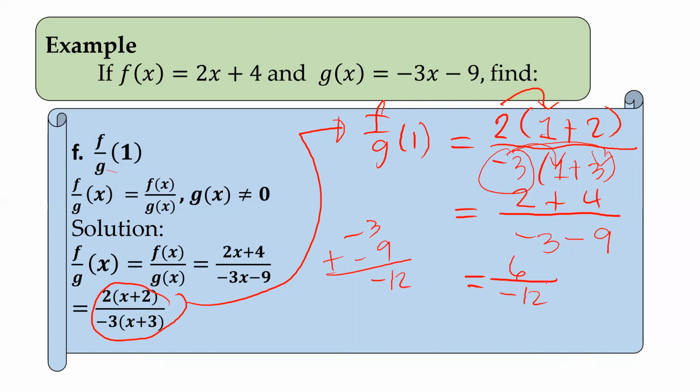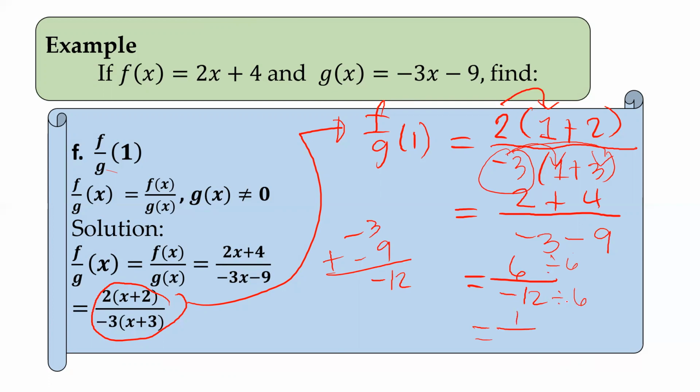Now we will assess if 6 over negative 12 has common pa. Can we divide 6 with 6? Yes. Can we divide 12 with 6? Yes. Therefore, we can still reduce the answer. So the final answer is, okay, divide 6, divide 6. So we will have 6 divided 6, 1.